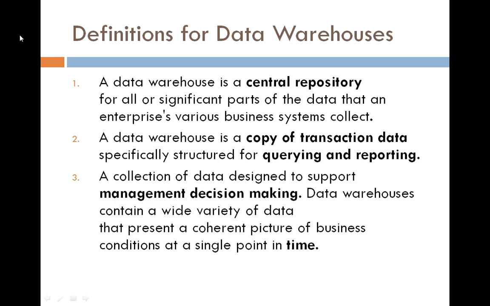So in this way, a data warehouse is a central repository, which means only one system for all of the data that an enterprise's various business systems collect. In this way, we can define the data warehouse.